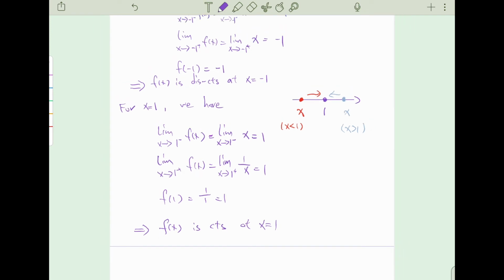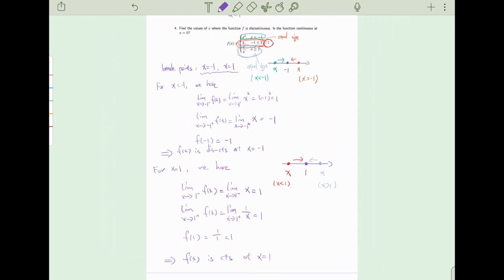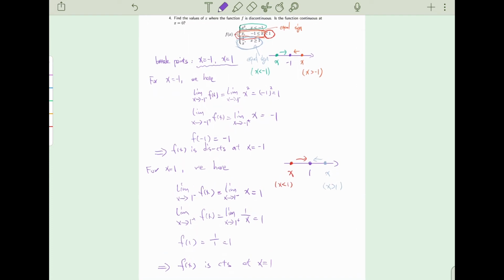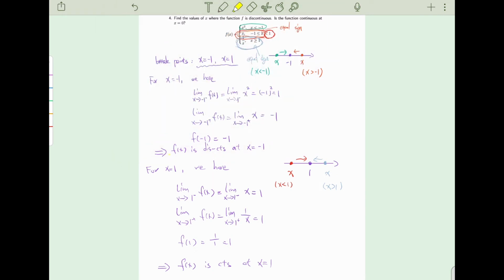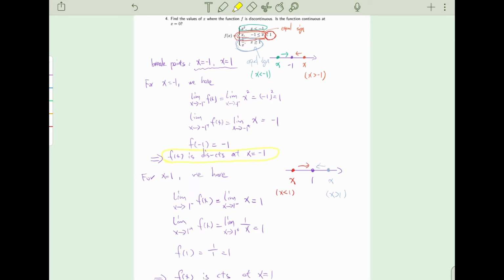Now go back to the question itself. We want to find the value of x where the function is discontinuous. So the only point where the function is discontinuous is x equal to -1. For the other points, the function is continuous.